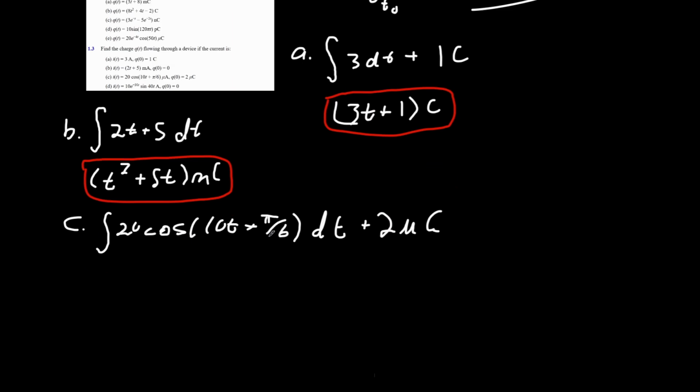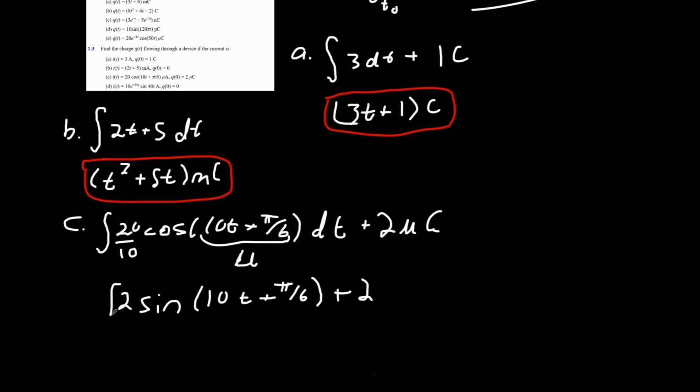What we could do here is see that this is going to be a u sub. So we could say this is going to be u, and we can just divide by 10, because when we take the derivative of this part, it's just going to be 10. So we're going to have 2, and then the antiderivative of cosine, which is sine, and then we can just replace that u right back with 10t plus pi over 6, and then plus 2, and that is going to be in microcoulombs.